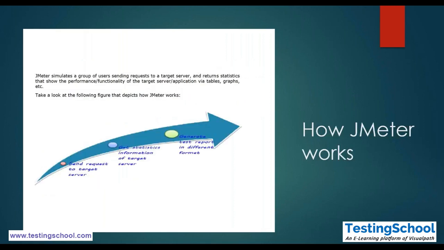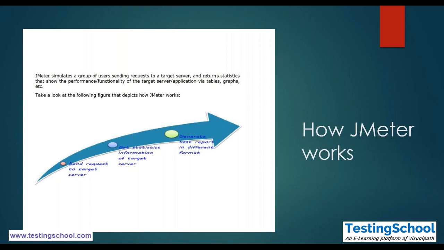Next, we are going to see how actually JMeter works. As we know, JMeter is a performance testing tool which simulates multiple users using the system at a point of time. So why do we need a testing tool for performance?